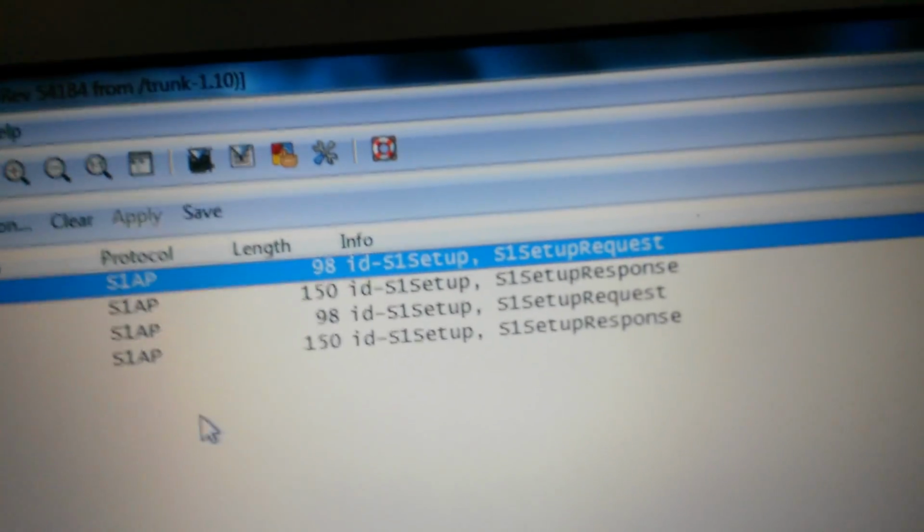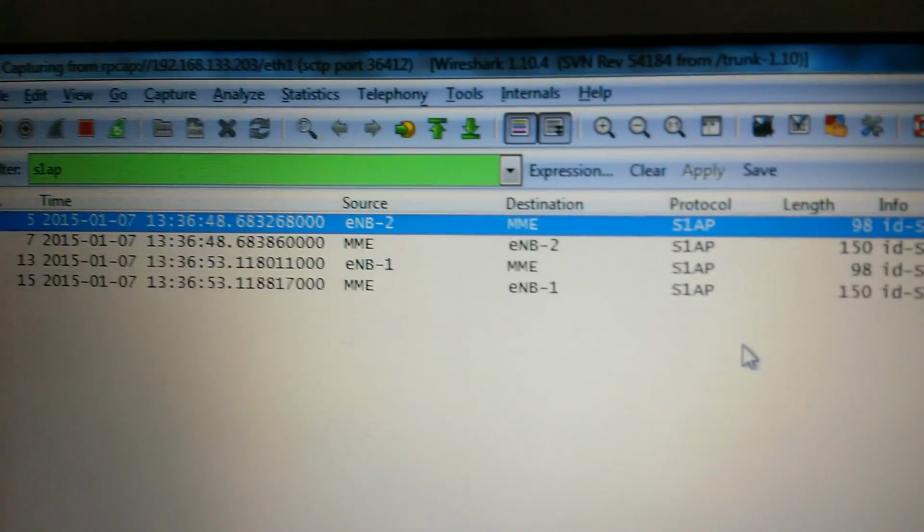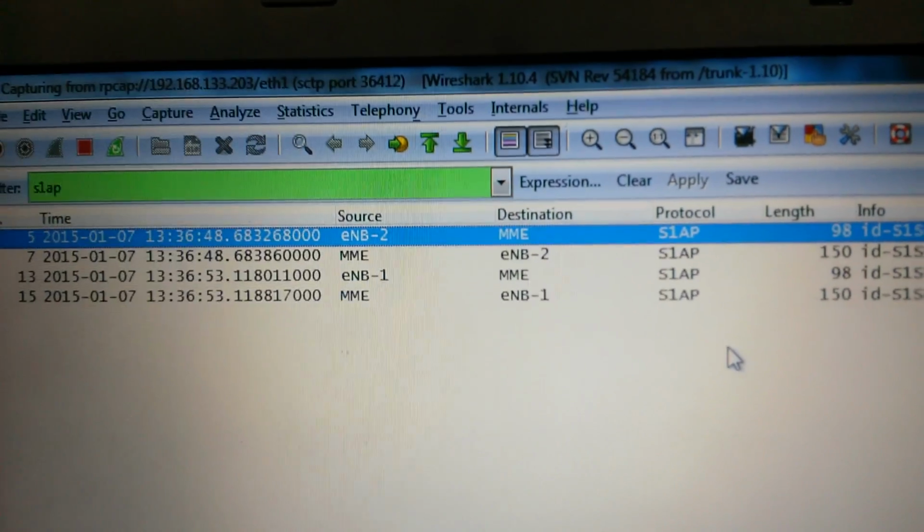Now you can see in Wireshark, we have the S1 setup request from the two eNodeBs. This means that the two eNodeBs are successfully connected to the MME, and we can check that from the emulator console.